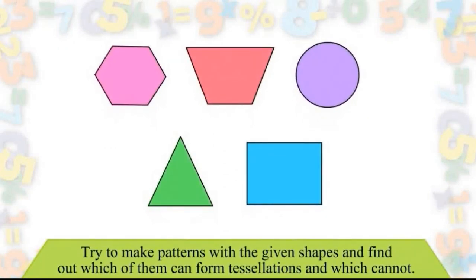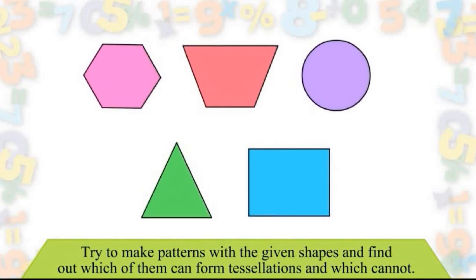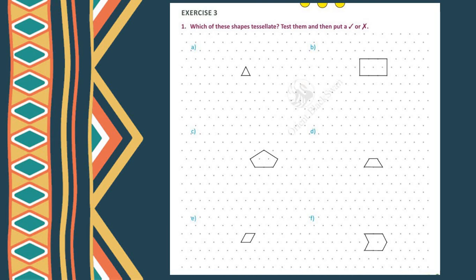Try to make patterns in your workbook with the given shapes and find out which of them can form tessellations and which cannot. I hope you people have got a better idea about tilings or tessellation by watching this video.